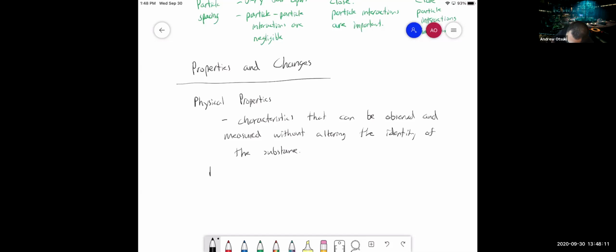So physical change, I kind of went over that, but let's recap.